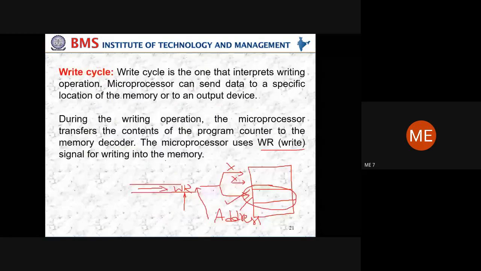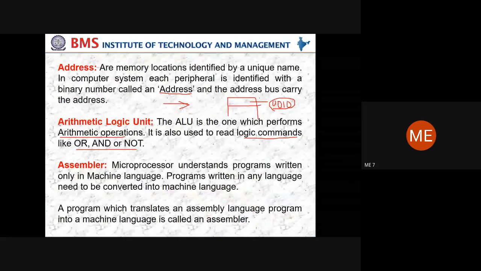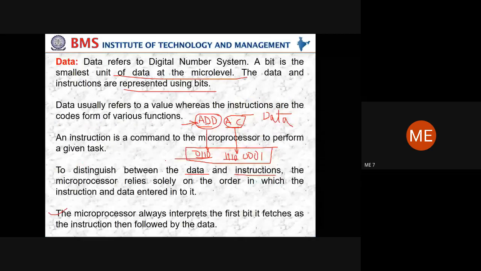Today we started with the address. What do you mean by an address? We understood that, and then what the arithmetic logic unit does. Then there is the assembler, which converts the user-written program into machine-level language. Then we discussed data, which is the information to be processed.